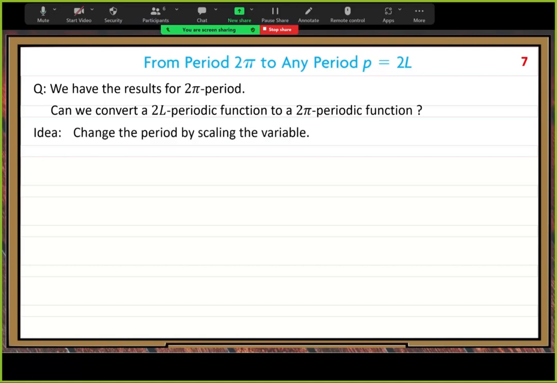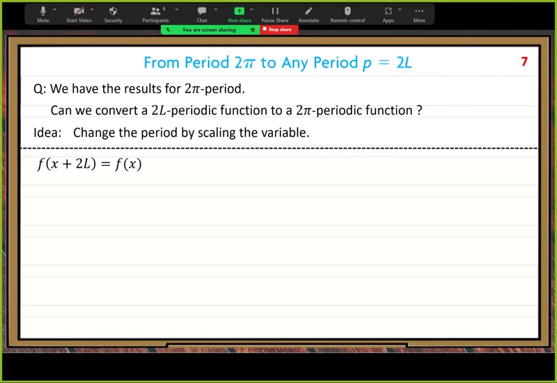Idea: change the period by scaling the variable. We can change the period. Actually, we did this once before. Remember, in one of our questions, the spring-mass system, omega, we took one factor out, right? So we did something similar before. Here we use the same way. When we start, assume the f function has its original period 2L.